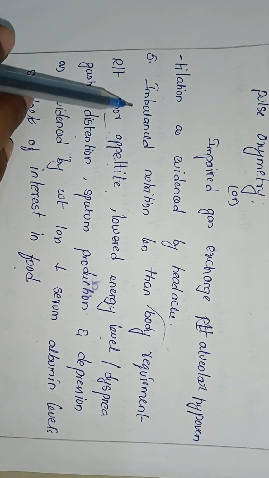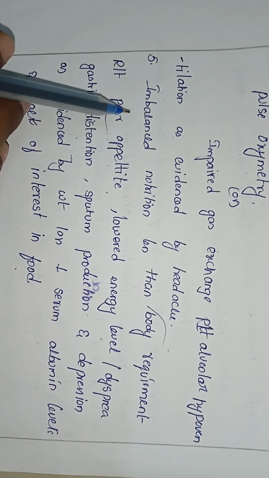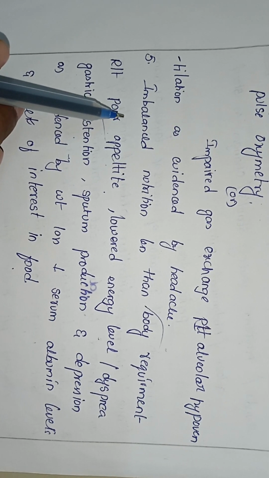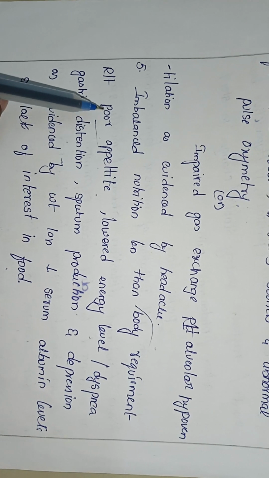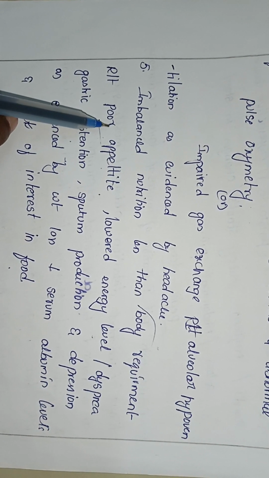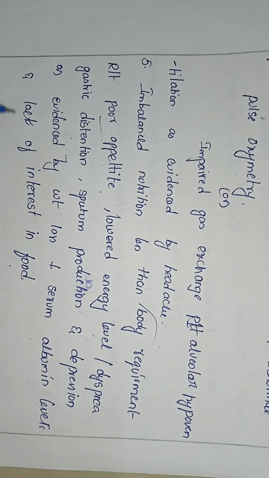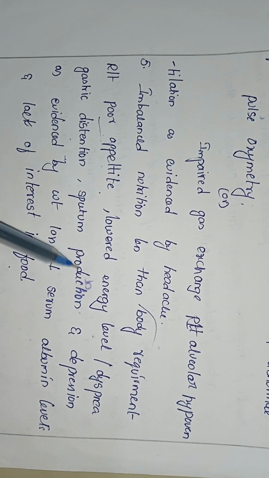So this is the nursing diagnosis based on the nutritious diet. All patients suffering with respiratory problems are not interested in taking a nutritious diet, so they may experience weight loss and poor appetite.